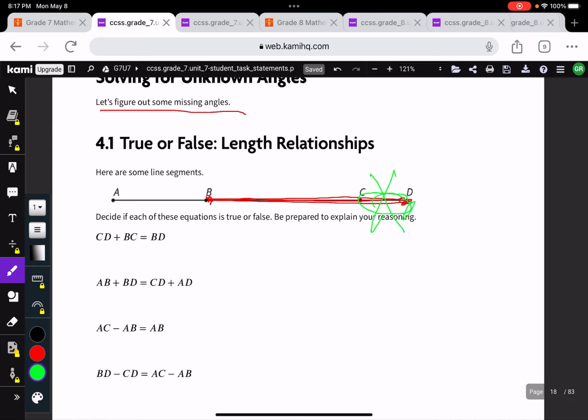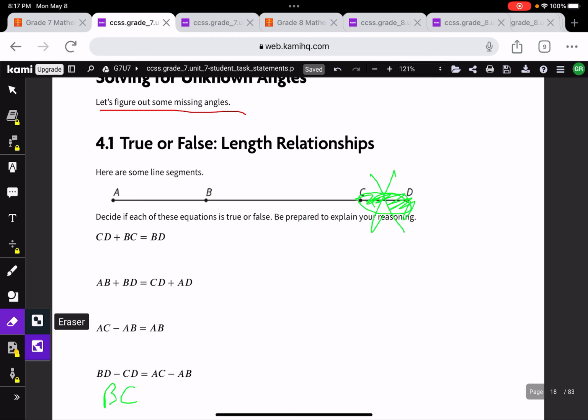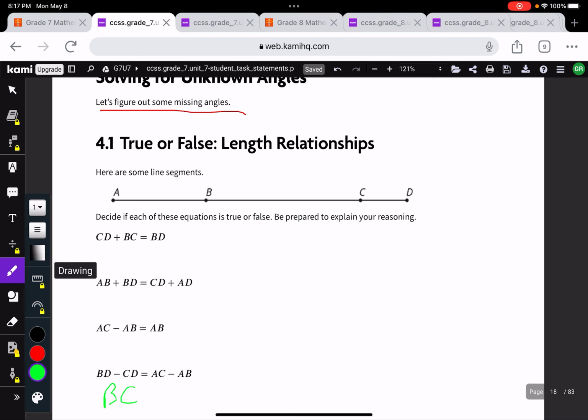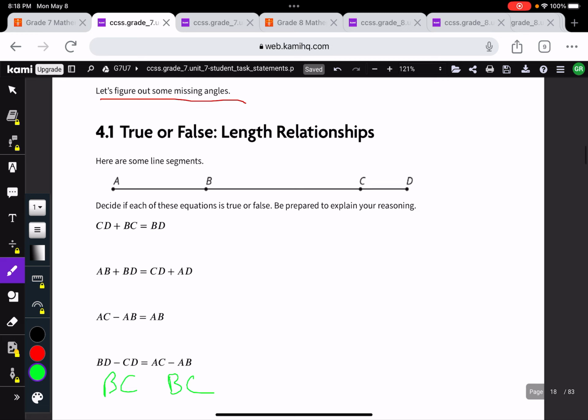If we get rid of that, we're left with BC. So this side is equal to BC. And AC minus AB, go ahead and give that a try. You will notice that it is also equal to BC. So guess what? We should say it's true.